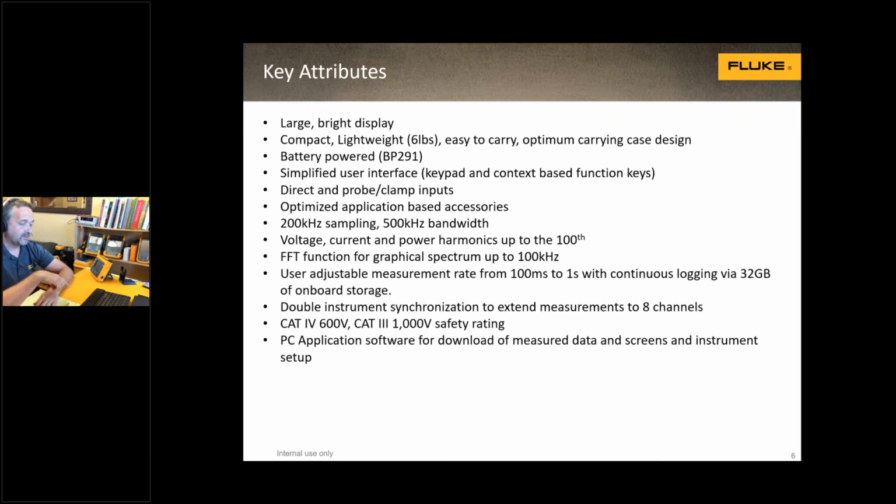It has direct probe inputs and clamp inputs. Like a lot of our Fluke products where we use banana plug jacks, the same type of design is used on the Norma 6000. You can switch between the 10 amp internal shunt for higher accuracy, low current measurements, or a regular BNC.